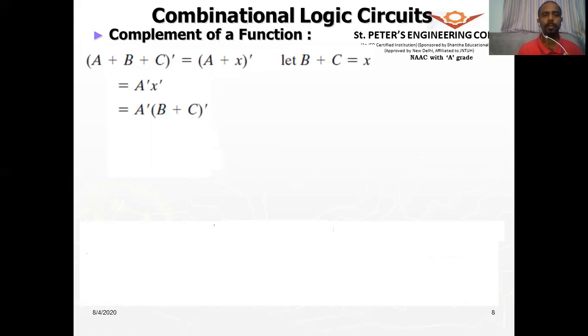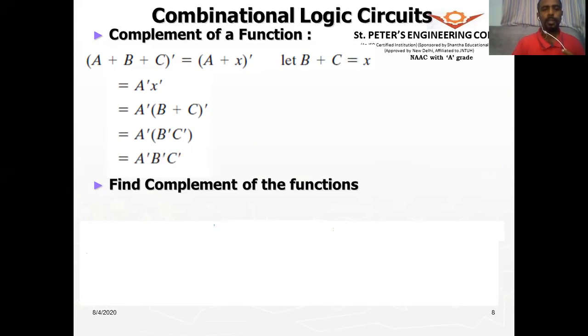What is x complement? It is b OR c whole complement. When we again apply De Morgan's theorem inside the bracket, we get b complement c complement. So the product will be a complement, b complement, c complement.